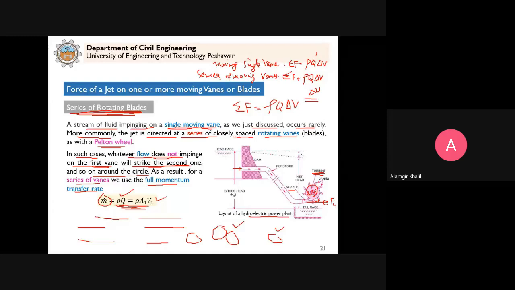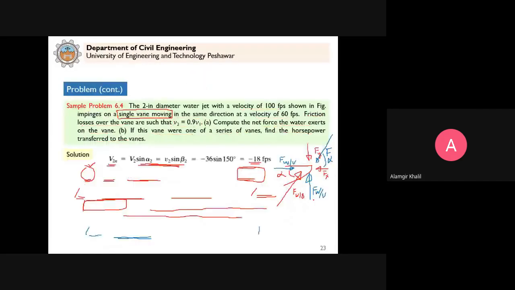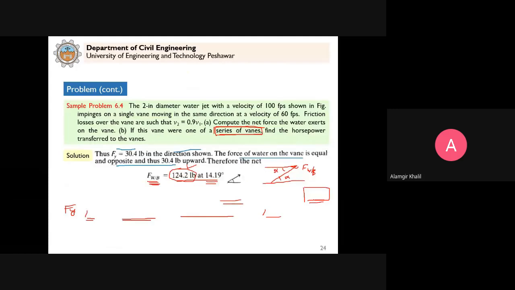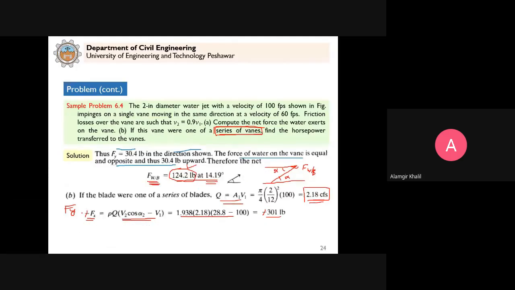This is what we are all interested in, how much force is transferred, how much power is transferred. In the vertical direction there also will be a component, but we are not interested to calculate it. So we only calculate this Fx. Clear? We are not interested to calculate Fy, but there will be Fy.